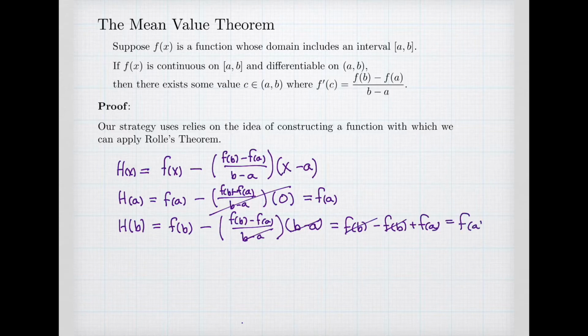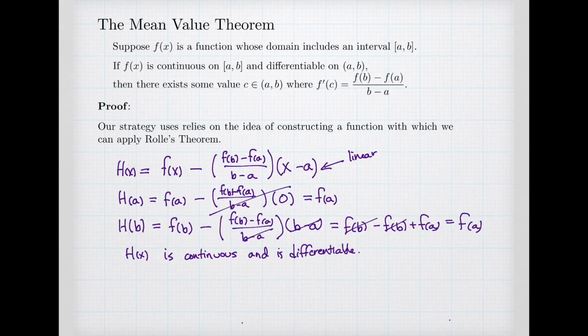Okay, we have a function that at the edges, at a and b, both sides are equal to f of a. Because f of x is continuous, and we're just subtracting a linear function, we know that h of x is continuous, and h of x is differentiable because f of x is differentiable.